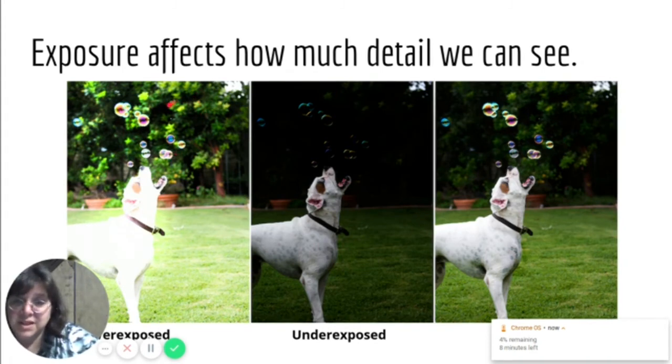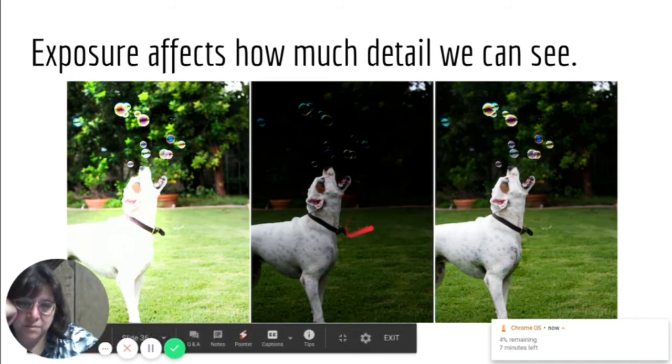We do see all the different shades of green in the yard and in the trees in the background. We can see some detail. We can see individual plants. We can see the pots. But is this photo about the backyard, or is it about the dog in the bubbles? That will tell you that this is not a good exposure, because it's not highlighting the important thing, and that's the dog.